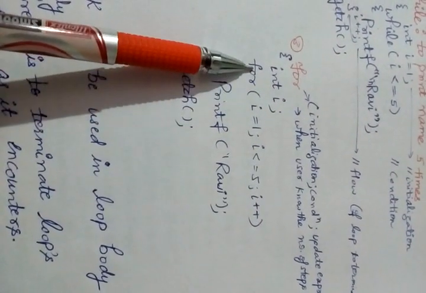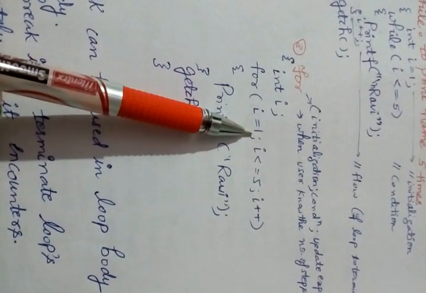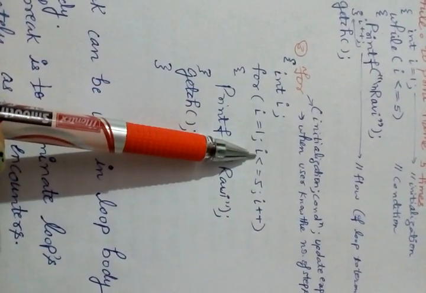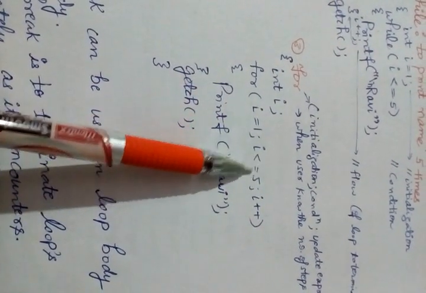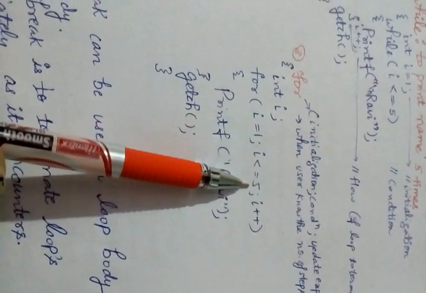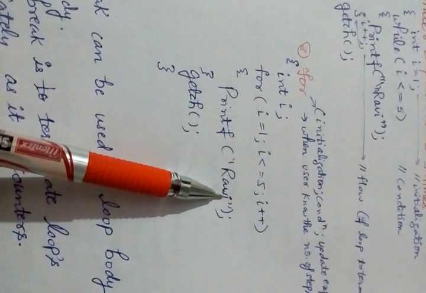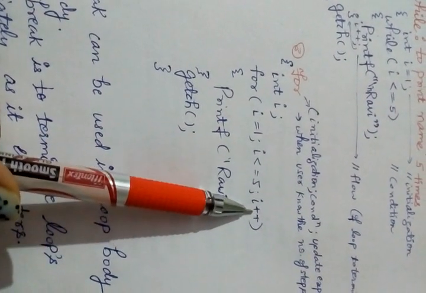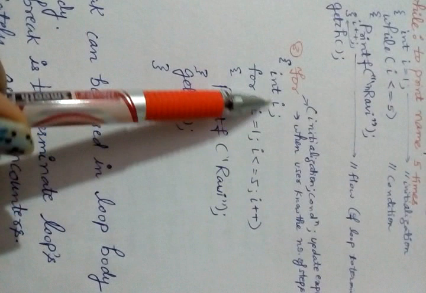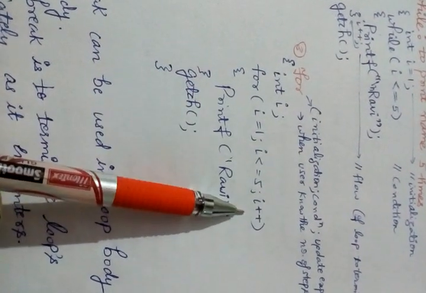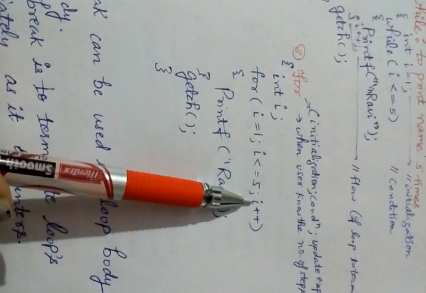Now in the first case i equals to 1, it means 1 less than or equal to 5. Is this true? Yes. If it is true, then we'll print the name. Next, it will get incremented to 2, because i's previous value was 1 and now it is 1 plus 1, 2.